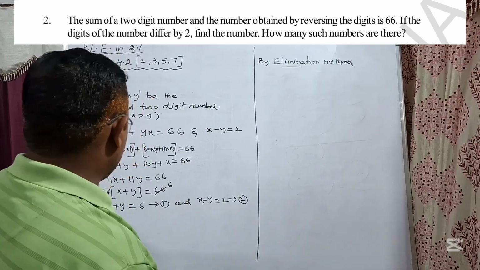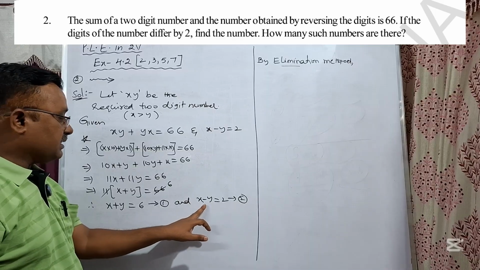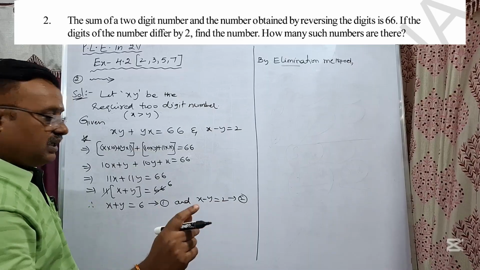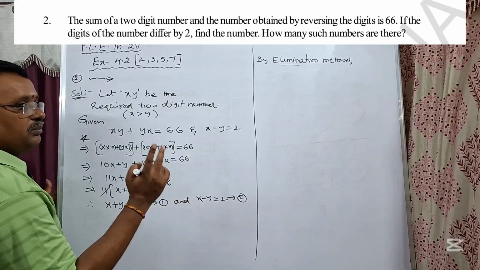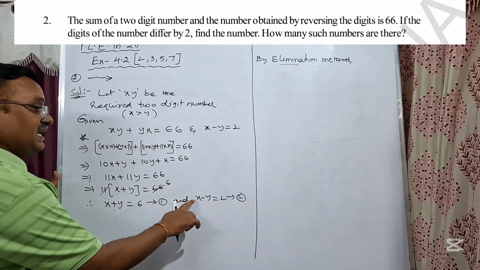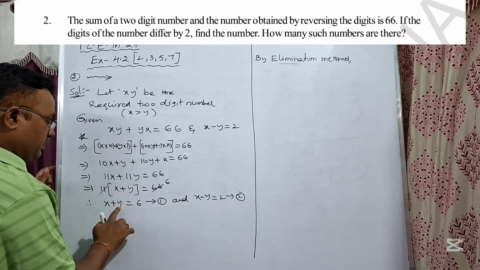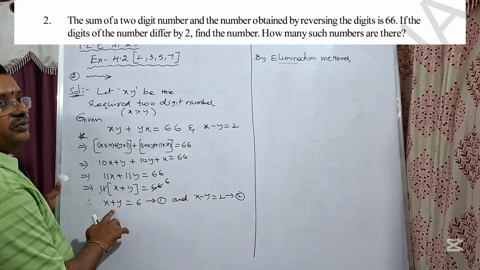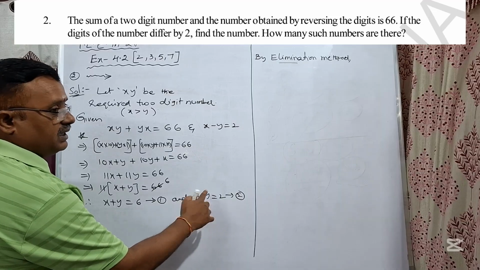So here, what is the first equation? x plus y equal to 6. And here, x minus y equal to 6. Here the x coefficient is 1, and here the x coefficient is 1. Both coefficients are same and both have the same sign, both positive. Coming to the y variable, here the y coefficient is 1, plus 1, and here the y coefficient is minus 1.